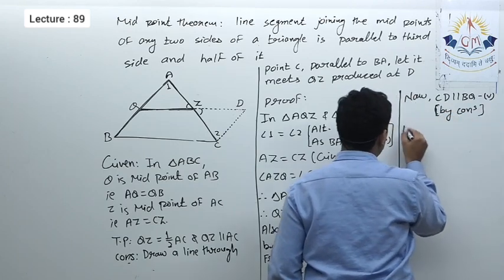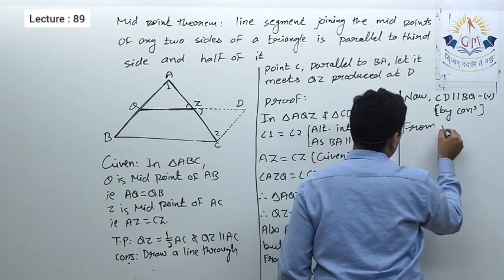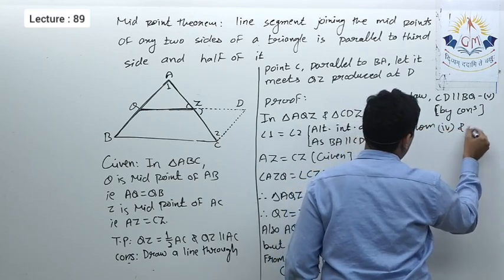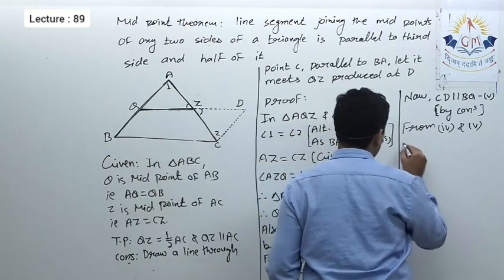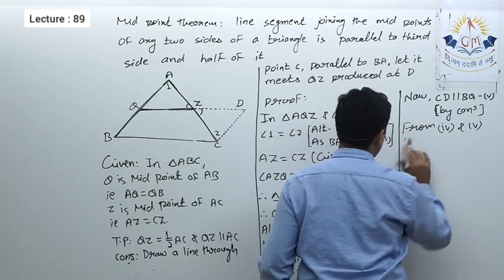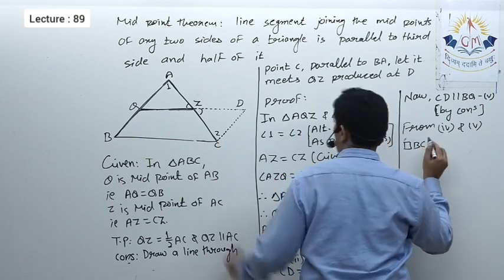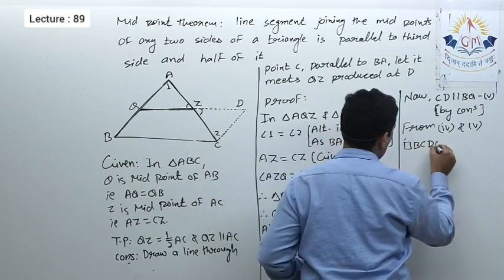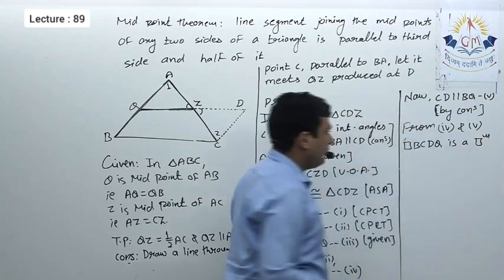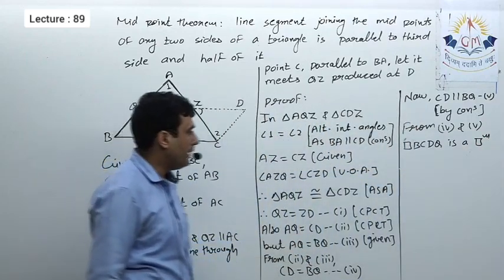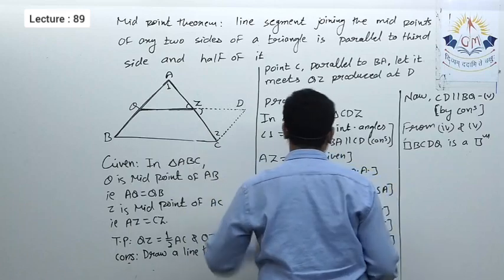So from fourth and fifth, the quadrilateral BCDQ is a parallelogram, because one pair of its opposite sides is equal as well as parallel.